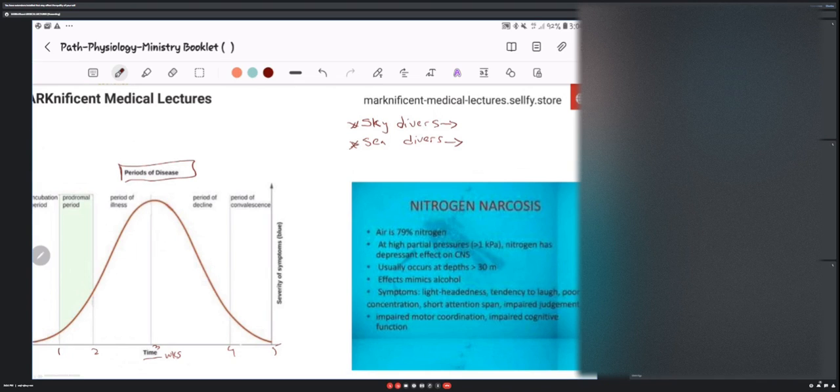So for these skydivers, the occupational disease they are being exposed to is what we call air embolism. While for the sea divers it is gas embolism. Now, what is even embolism?